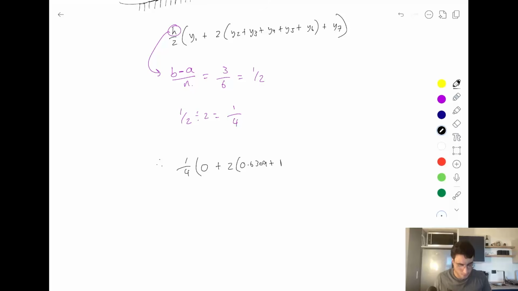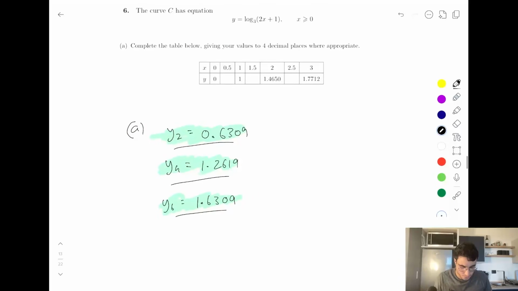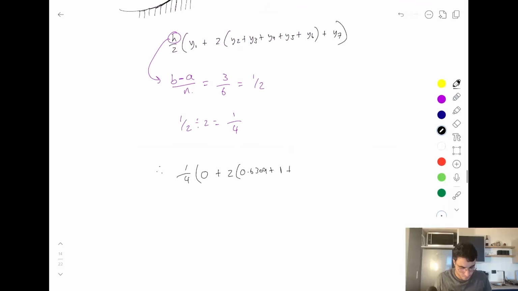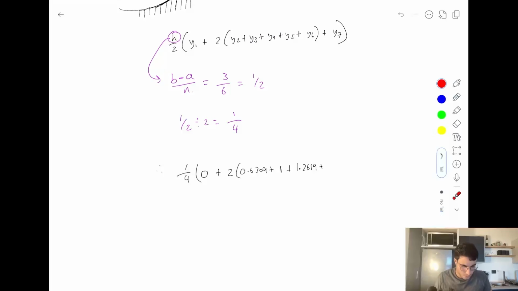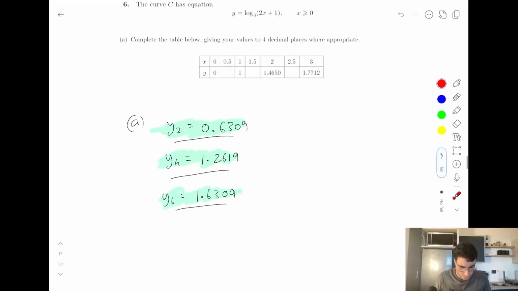Okay, then after that we've got y4, 1.2619, then it's 1.4650.